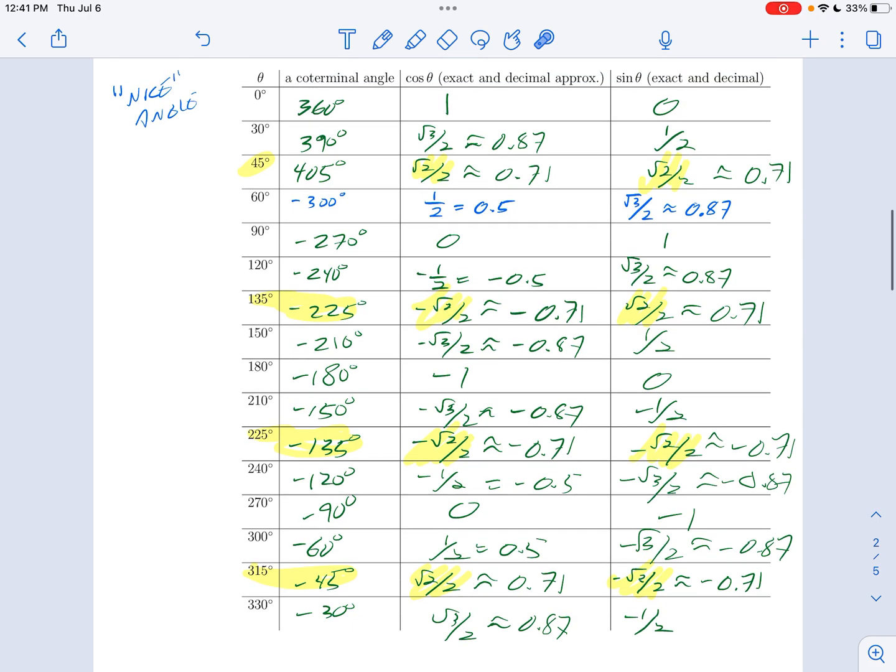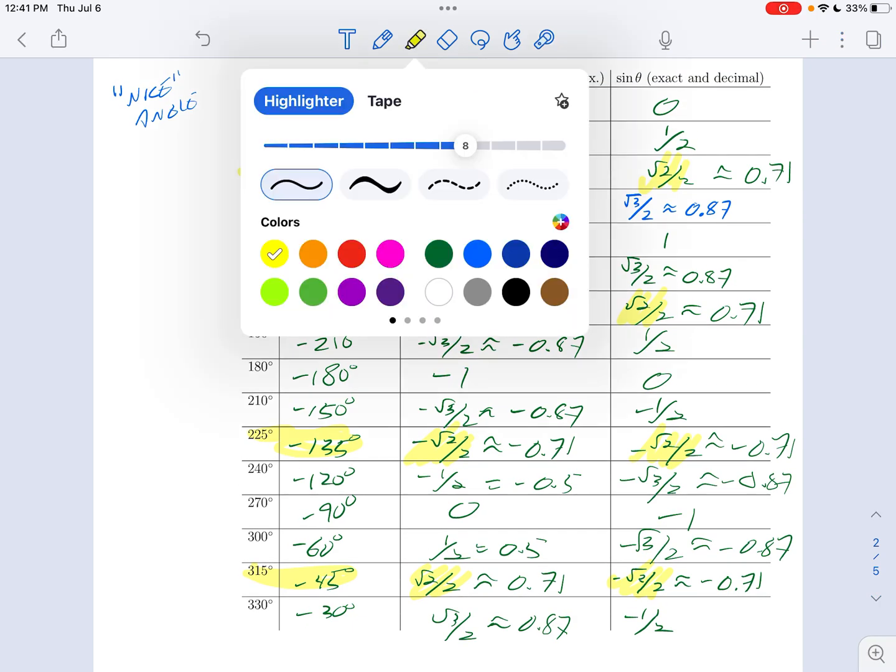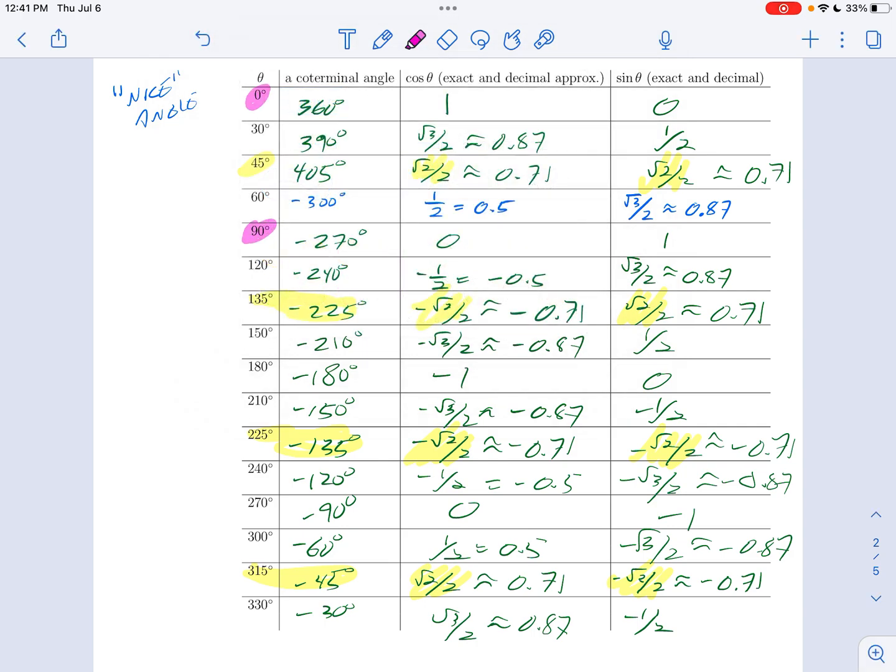When we have multiples of 90 degrees, those are our nicest ones. So 0 degrees, 90 degrees, 180, 270. What we'll notice in those cases is one of the numbers is 0, and the other number is either positive 1 or negative 1. So it's like these numbers come in pairs.